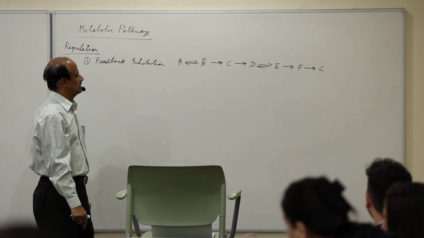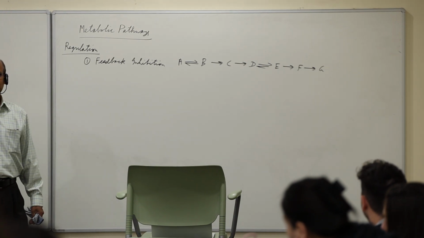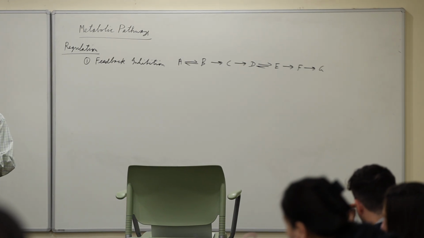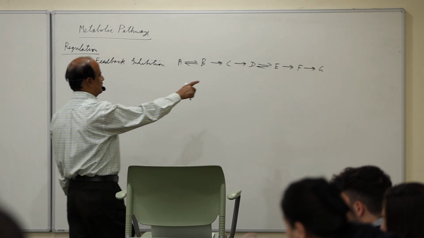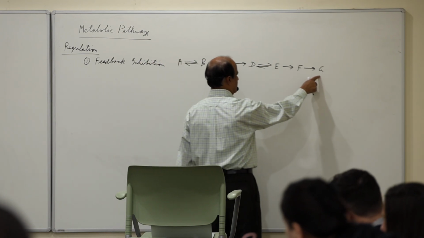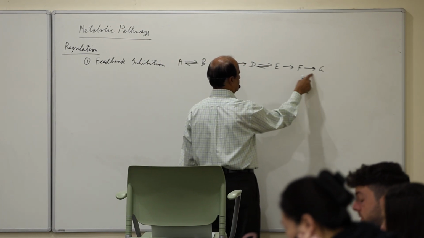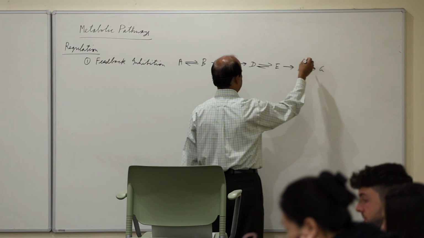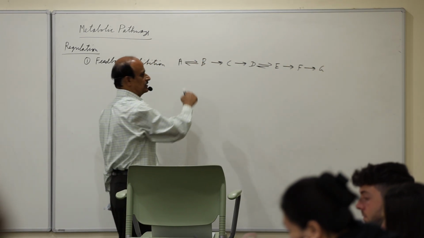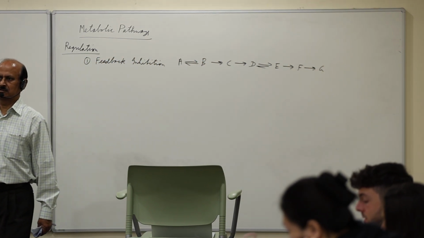Now, the cell must stop making G if it doesn't need anymore. Once it turned on the pathway, doesn't mean it will be on forever. It has to stop when enough of the final product has been made. So the final product, or any of the products in between, maybe G or F, will inhibit one of the earlier reactions in the pathway.